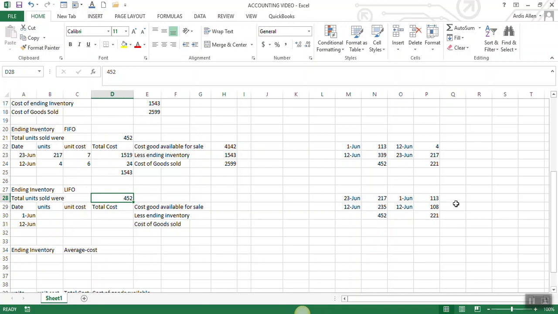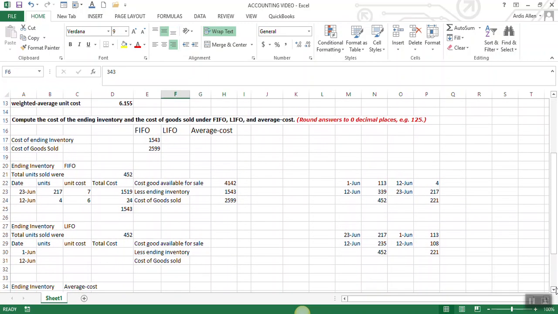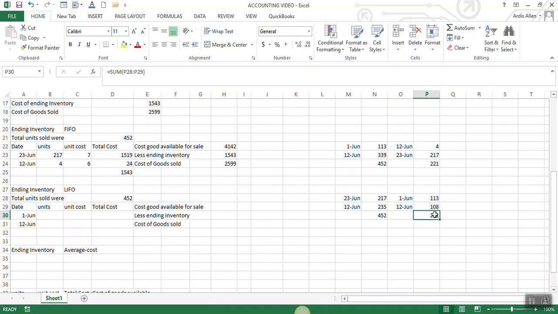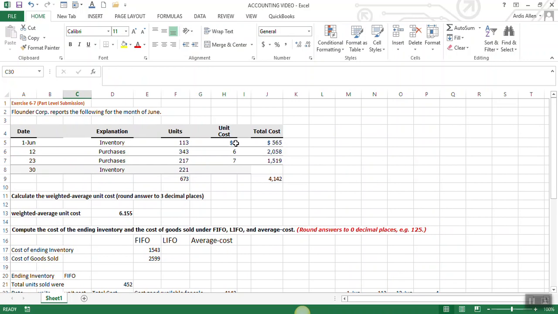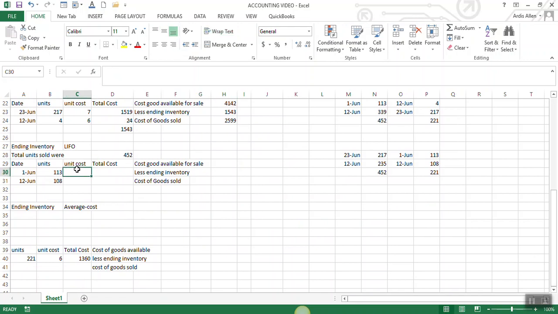So the purchases of June 1st, which is 113, and 108 of the 343 of June 12th purchases would not have been sold, which gives us a total of 221 units unsold. Their unit cost is $5 and $6.